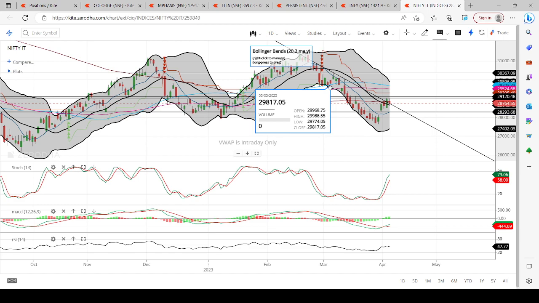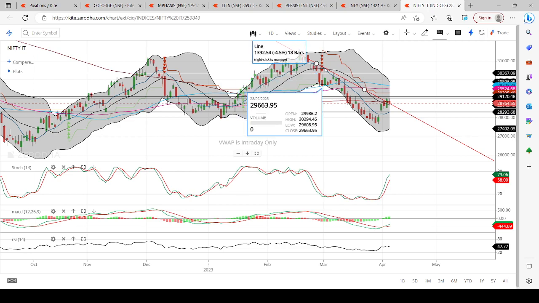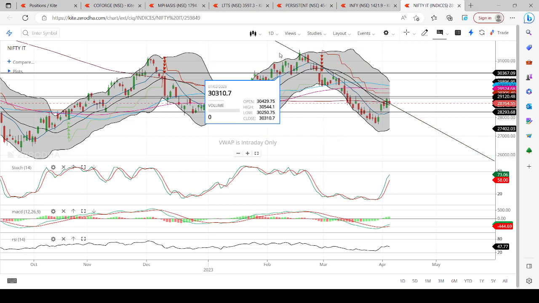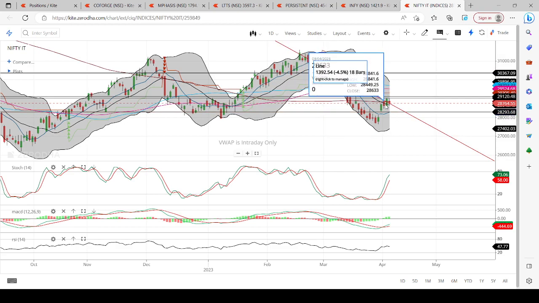So if my guess is correct, we are set for a breakout on this index. We had a marginal confirmation: this falling trend line which I have drawn here has broken, and we had one close above the trend line, and then the second close is exactly on the trend line.